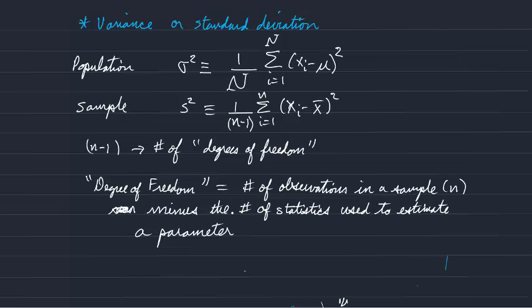And in this case, the parameter we're estimating is sigma squared, and we're estimating it with the sample variance, little s squared. So in this example, we have n observations, but we're using the mean of the sample, which is one statistic, and we're using that one statistic to estimate the population variance. So we have to subtract 1 from n to get the number of degrees of freedom.